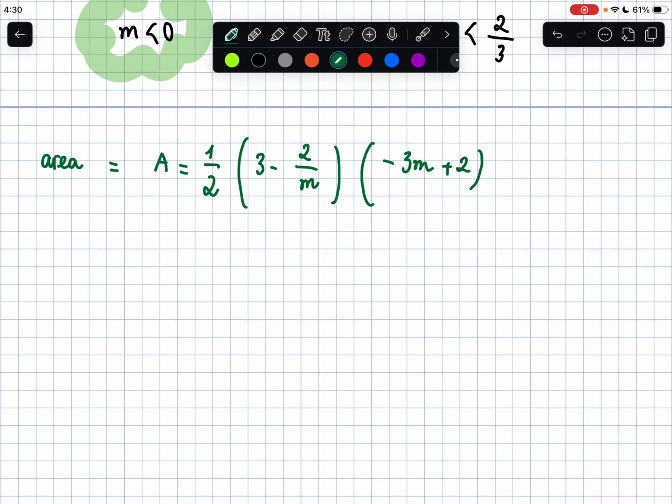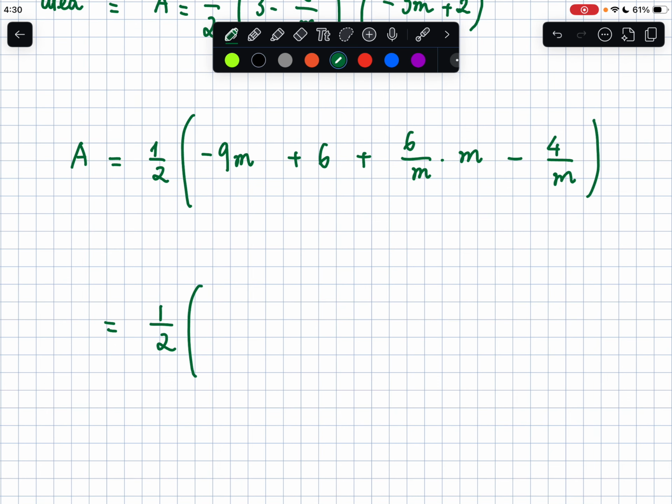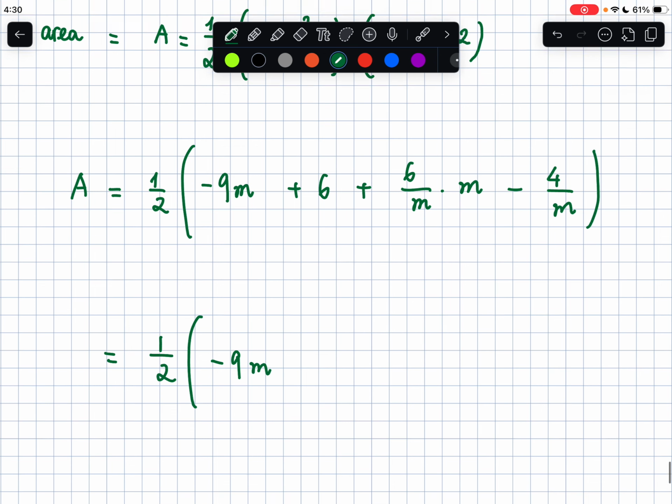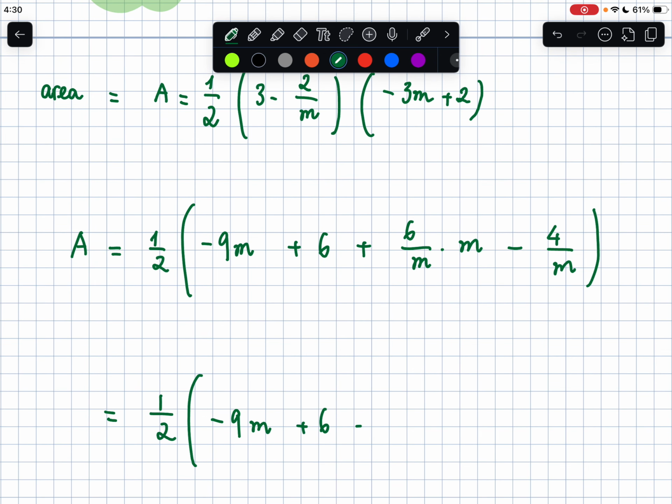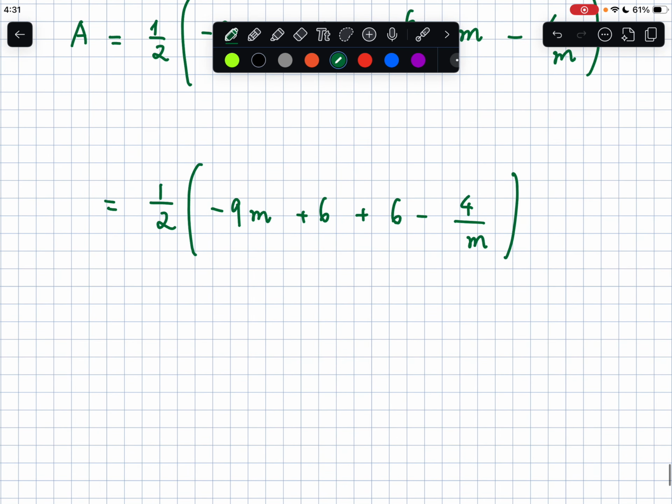Now let us multiply this out. Area equals 1/2 times (3 minus 2 over m) times (minus 3m plus 2), which gives 1/2 times (minus 9 plus 6 over m plus 6 minus 4 over m), so 1/2 times (minus 9m plus 6 minus 4 over m) ... so we have 1/2 times (12 minus 9m minus 4 over m).